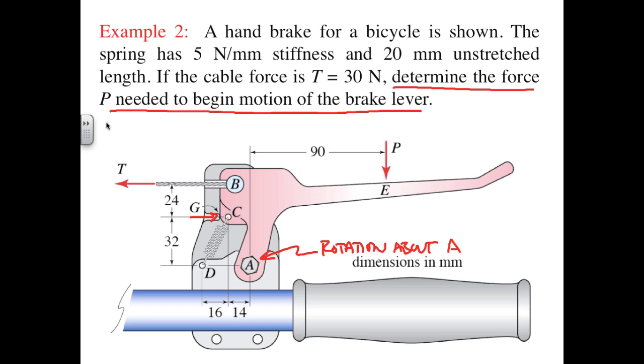So you can probably see from this that P is going to tend to impart a clockwise moment about A, and the threshold required to begin motion of the brake lever is going to occur when contact breaks at G. So when we're looking at the free body diagram in both of these cases, we'll have some kind of a load from the spring element, either in this case the linear spring CD, or in the next example a torsional spring that's tending to impose a counterclockwise rotation, but we won't include any contact force at G because the nature of the problem is that we're trying to determine the threshold force to just begin motion of the brake lever, so we're just breaking contact at G.